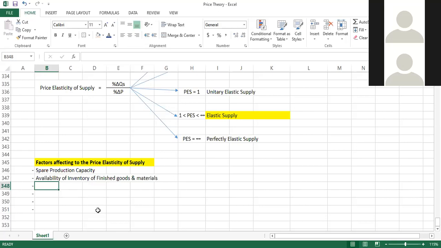And cost of production factors. Actually, here we mainly consider other factors, cost of, but that also we can consider.